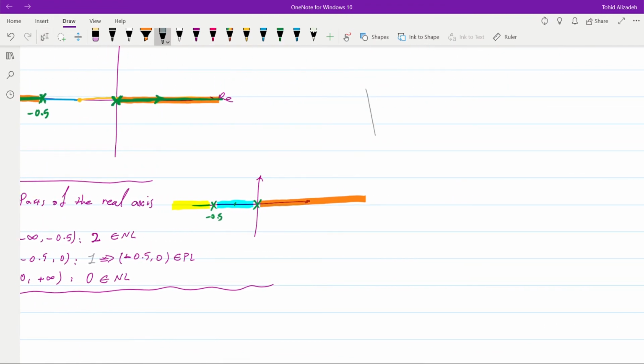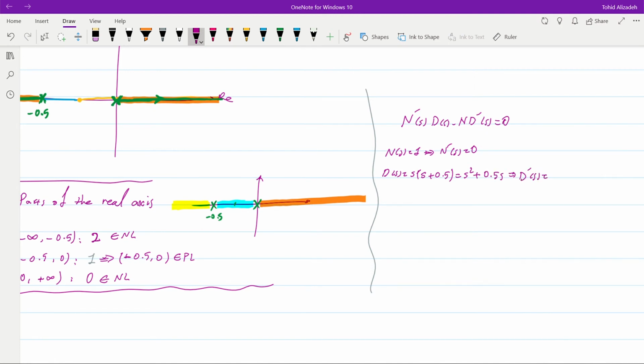If you remember, in order to find out the break-in or breakaway points, we need to refer to the formula N prime D minus N D prime equal to 0. For N of s, we had 1, therefore N prime will be equal to 0. For D, we had s times (s plus 0.5), or s squared plus 0.5s, and therefore D prime will be equal to 2s plus 0.5.